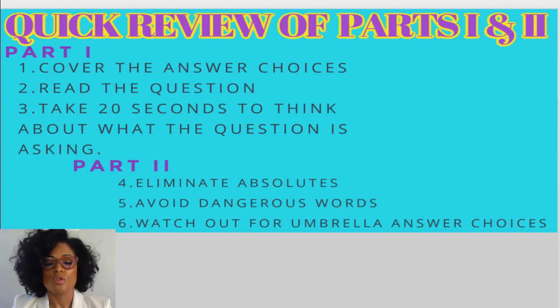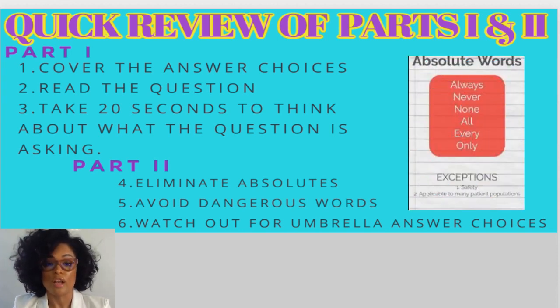Part 2 talks about eliminating those absolute responses. For example, nothing is 100% right. What works for one patient or for one person doesn't work for another person. So you want to make sure that you eliminate all those absolutes that make something 100% legit, which have words that are dangerous. For example, all.